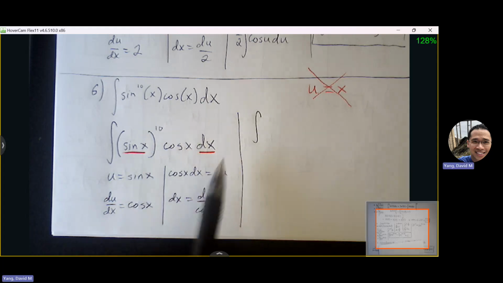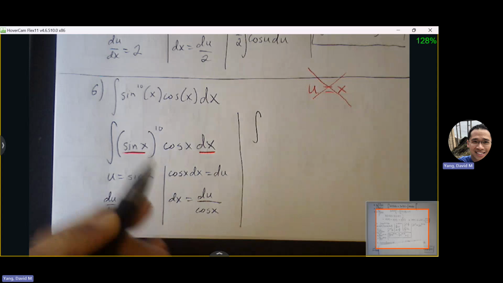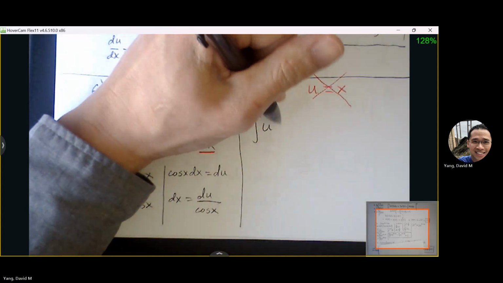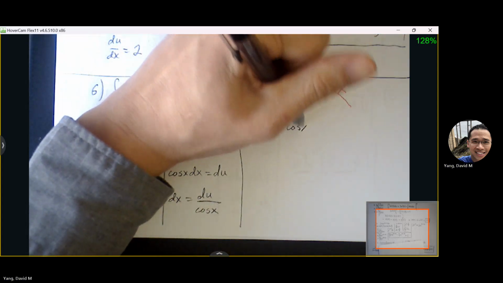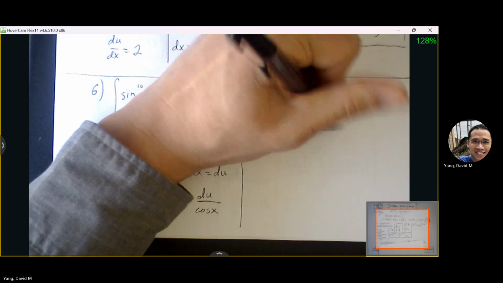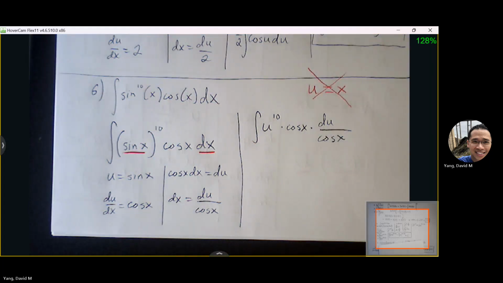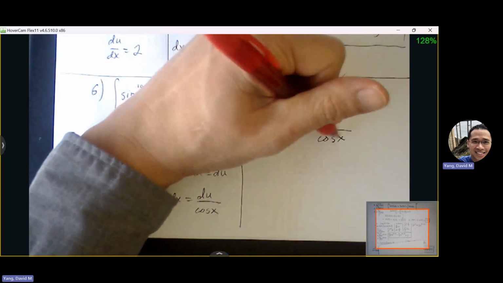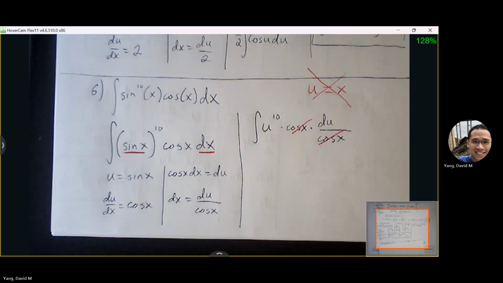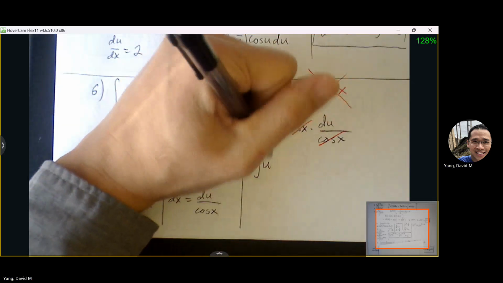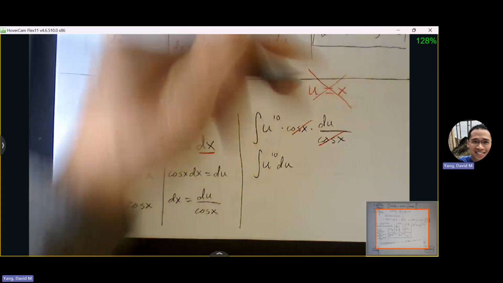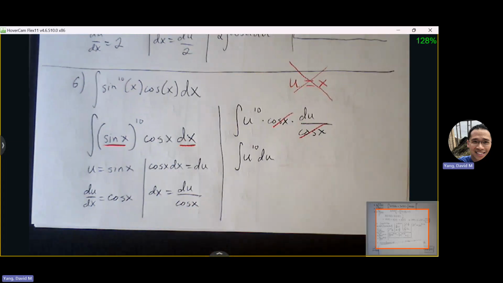We keep the cosine, and then dx gets replaced with du over cosine. Cosines cancel out. That's a good sign. And we're just left with a nice clean power rule problem.